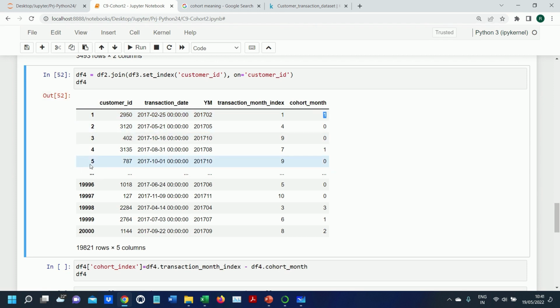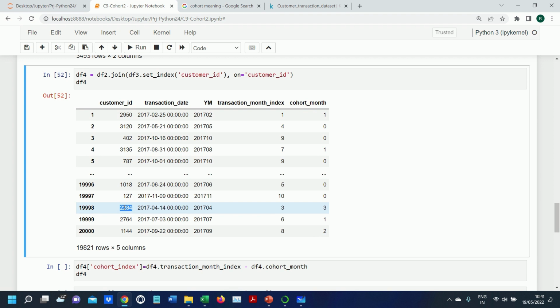So this shows that this transaction was done in the 9th month of this data set, and in fact the customer joined the business in month 0, that is January.